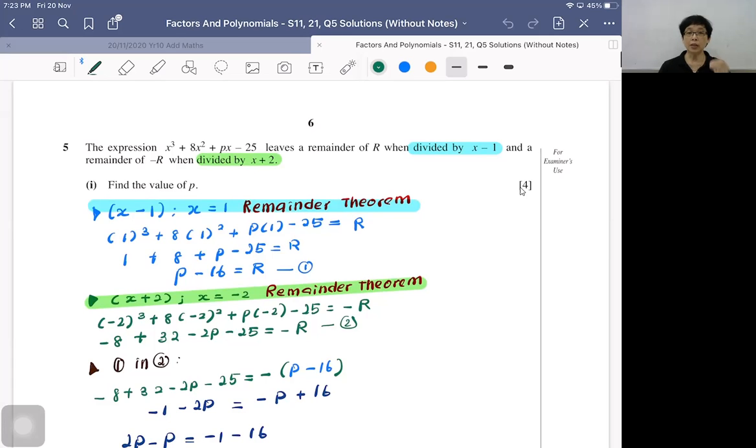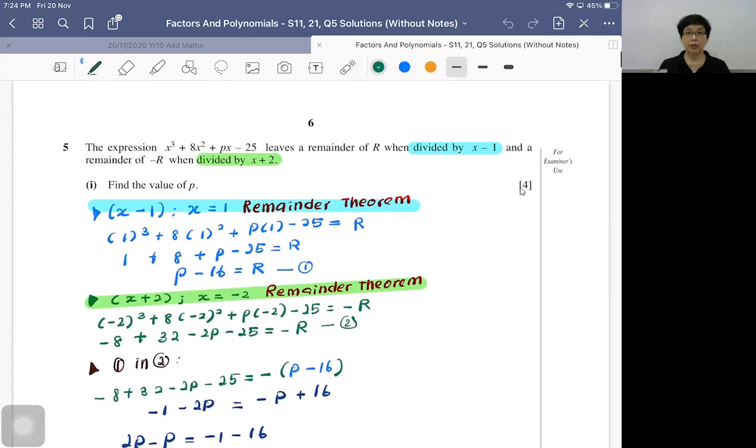When it is in factor theorem, it means that if you divide the polynomial by the factor, you will have a complete division that leaves no remainder. From the factor, the binomial, you can draw out the x value, and if it is a factor, then the x value is called the root.